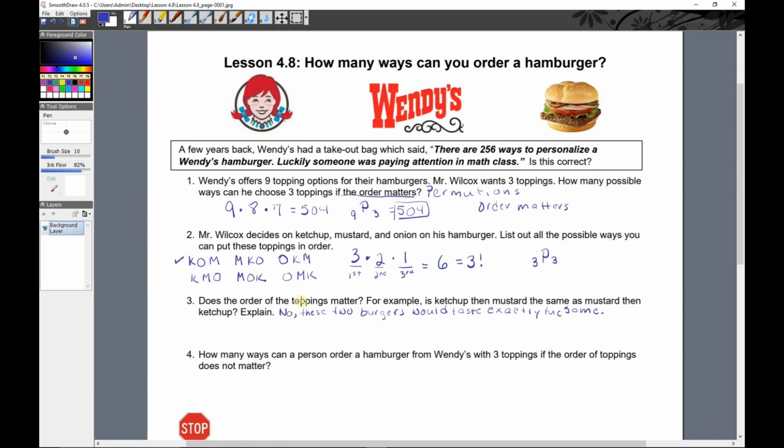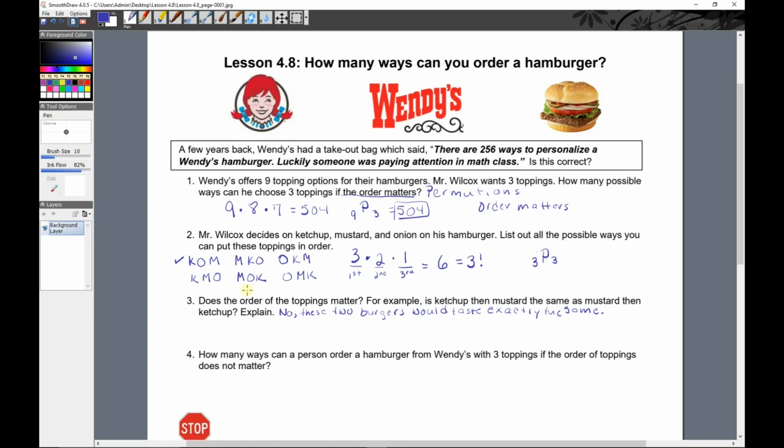What's happening when we do permutations is we get a lot of duplication. I don't mean that you're getting the same orderings, but in many circumstances, the order of what you choose really doesn't matter. And if you use permutations, you're going to get a lot of duplicates for the same group, just in a different order.